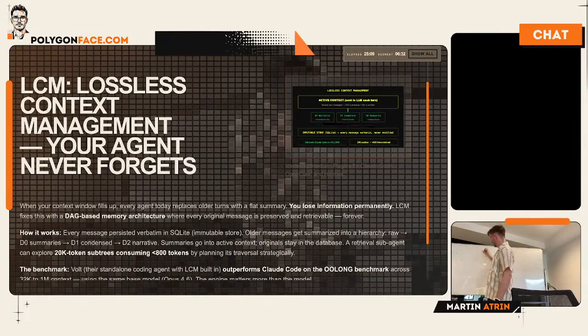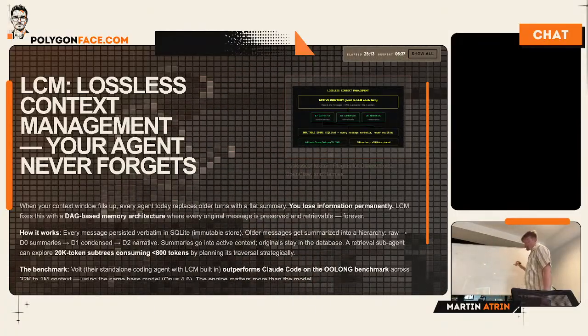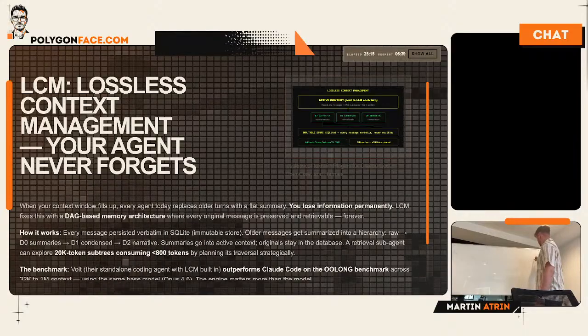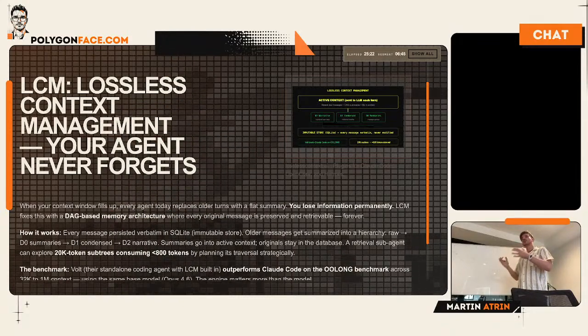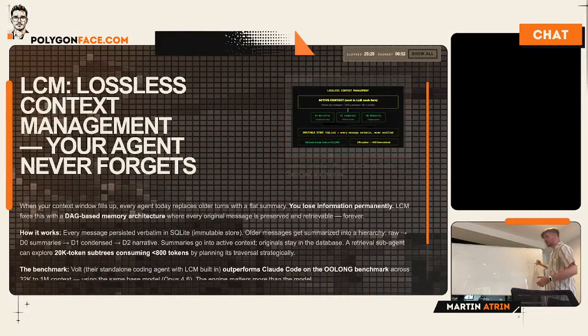Third turn, another 5,000. Fourth turn, another 5,000, etc., until we reach 200,000. How do we make sure that we are not losing any data, but at the same time are getting more turns out of these 200,000 tokens?